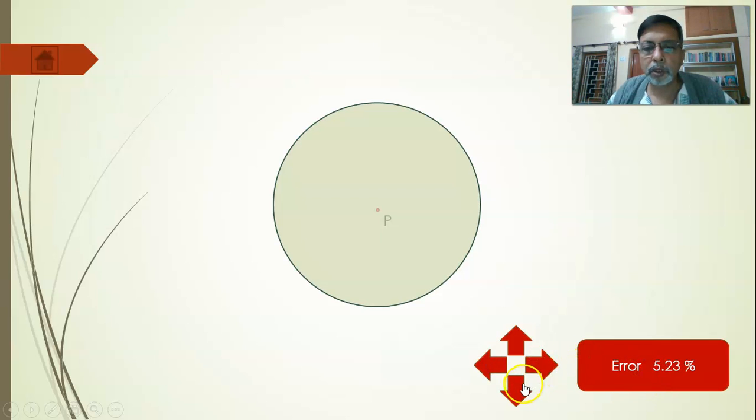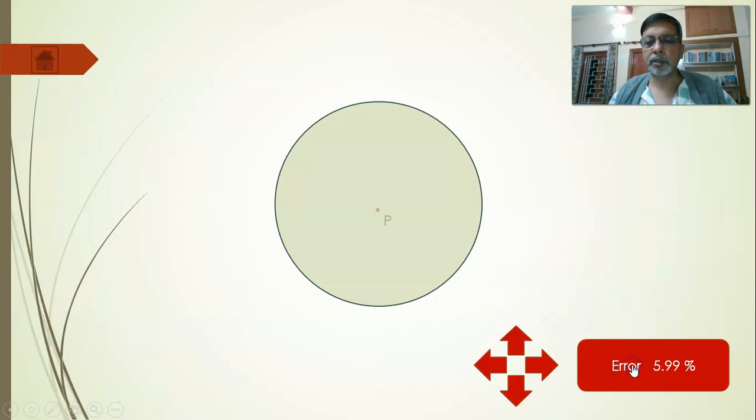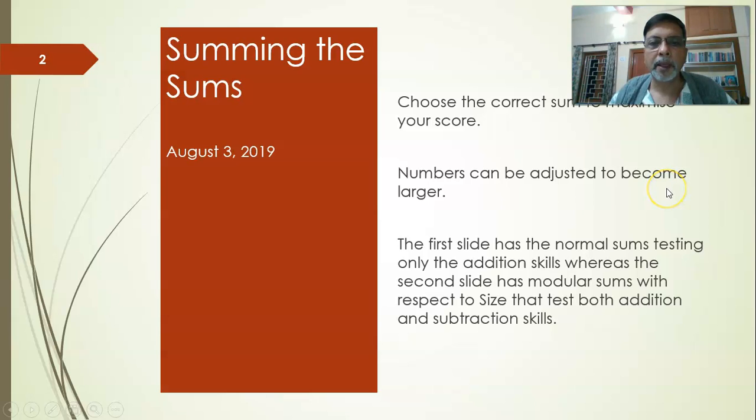Error is 5.23%. Let me see. 5.18%. No, it's digital, so 0% error may not be possible. So the challenge is to put the center of the circle as close as possible to the point P. So this is the first game.